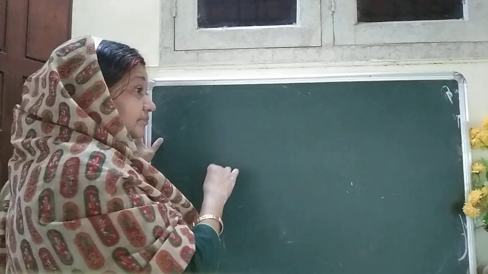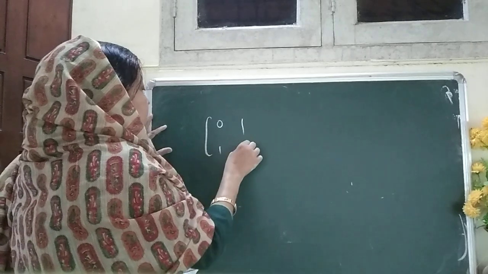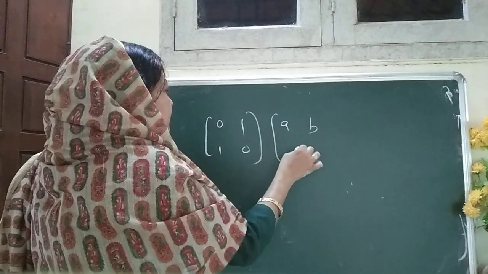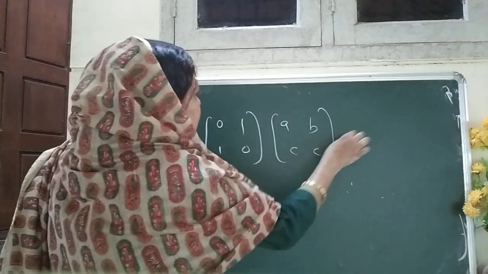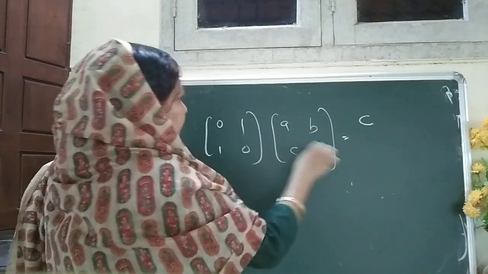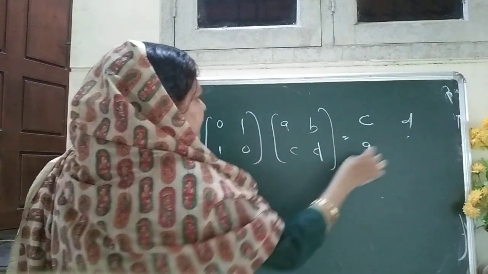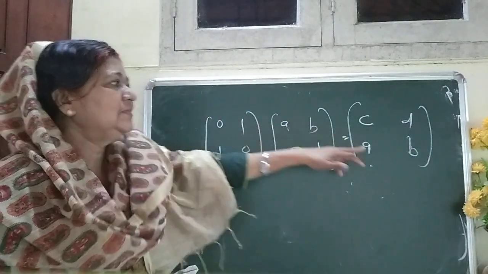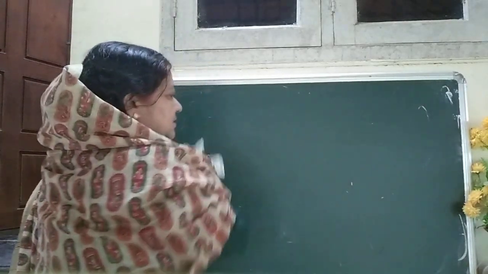We can see that if we permute by means of the matrix (0, 1; 1, 0) acting on another vector, say A, B, C, D, we can see that 0 into A plus 1 into C gives C, and 0 into B plus 1 into D, and 1 into A plus 0 into C, and so on. So it is a transformation. This swaps the first row with the second and the second row with the first. So let us discuss transformations.